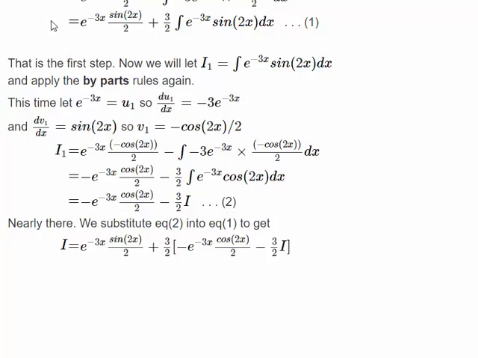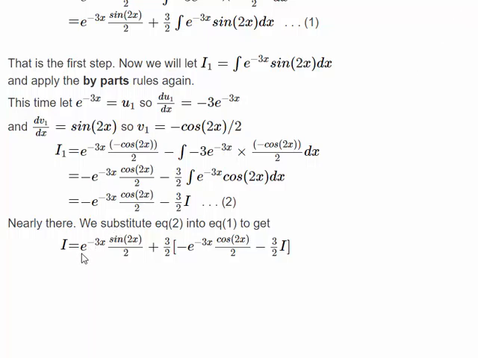I is equal to e to the minus 3x sine 2x over 2 plus 2/3, and then I'm using square brackets outside, e to the minus 3x cos 2x over 2 minus 2/3 I. On the right hand side I've got e to the minus 3x over 2 in the first term, and I've got minus e to the minus 3x over 4 in the second term.